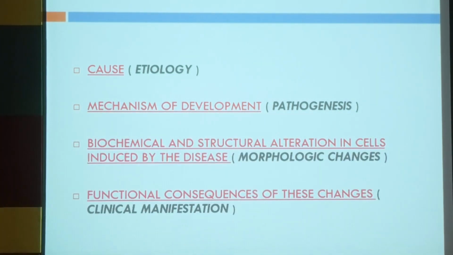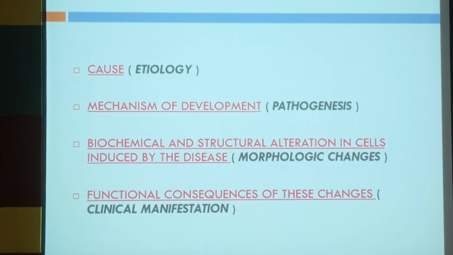Just like that, with tuberculosis, knowing Mycobacterium tuberculosis is not enough. Knowing HIV is not enough. You have to know what exactly happens, how the HIV virus replicates, that basically takes your immunity down.